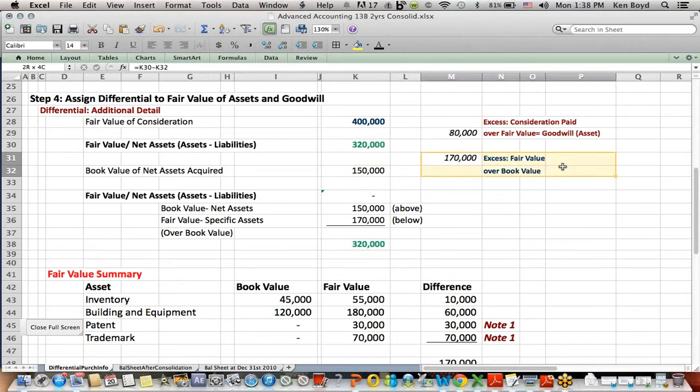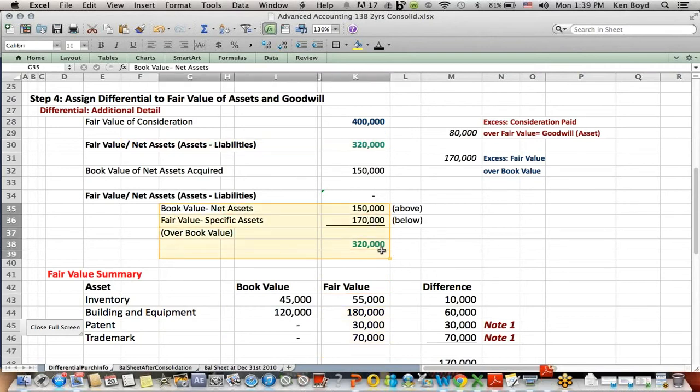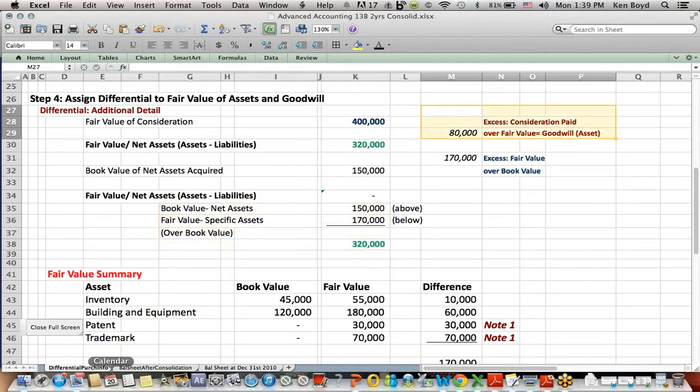So that $170,000 of the differential gets assigned to these assets. These assets are going to increase in value by these amounts in consolidation. So the amount that we pay above $320,000, the book value plus the fair value increases, that amount above $320,000 gets posted to goodwill.